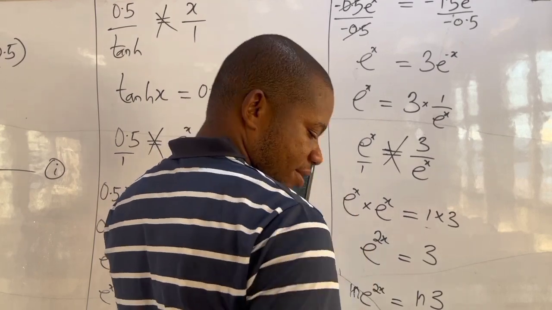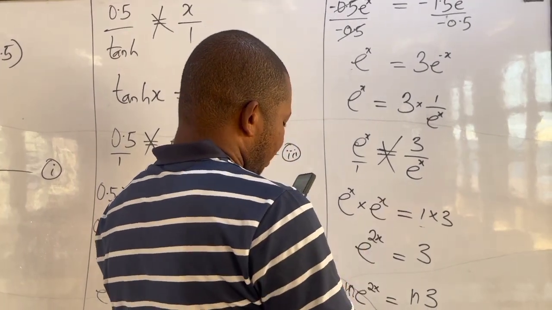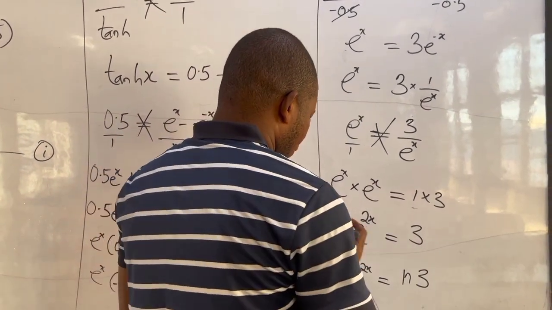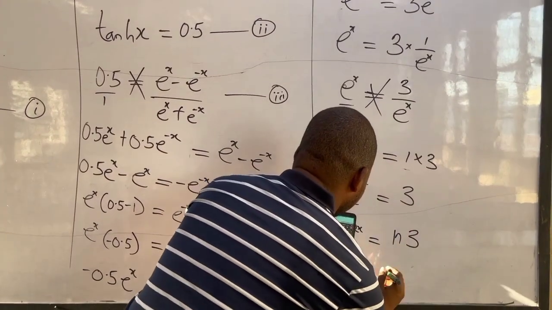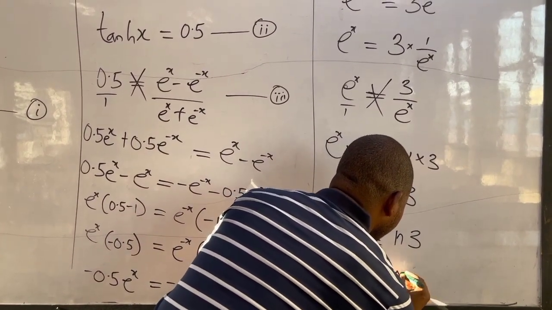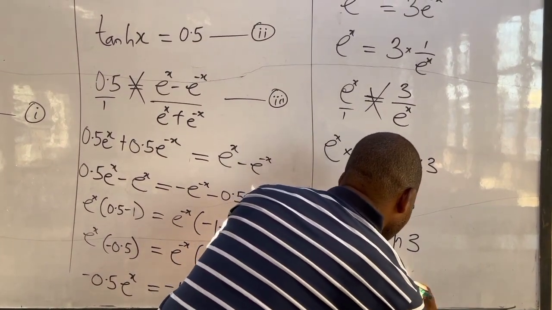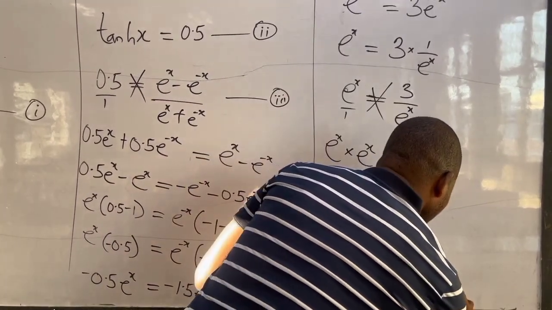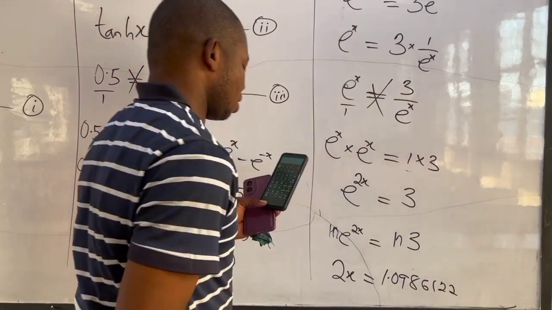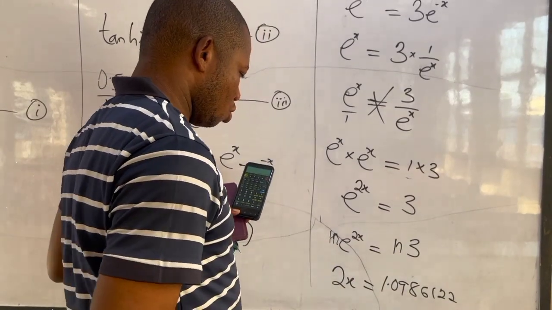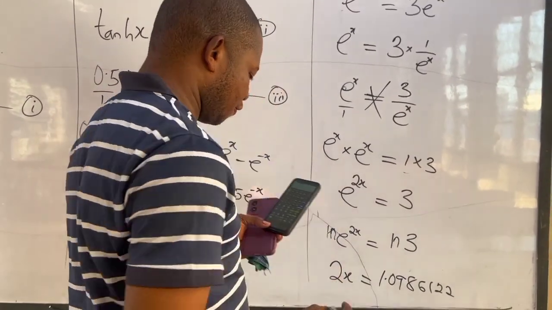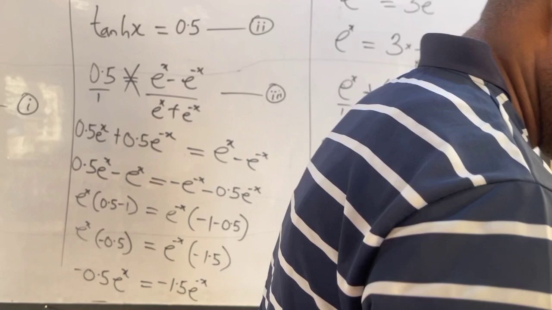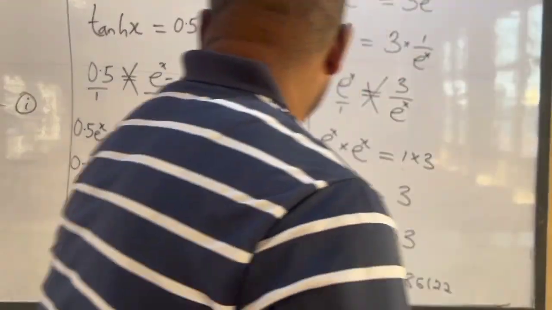Let me write out what this gives: 1.0986122. Okay, let me stop it there. Mind you, it is the value of x I'm actually looking for.